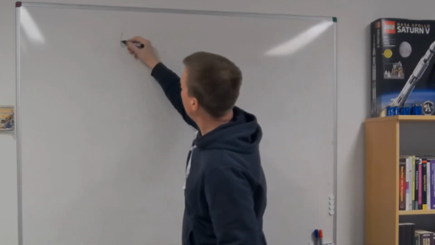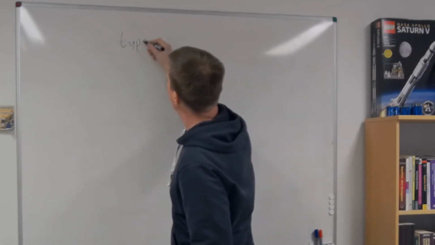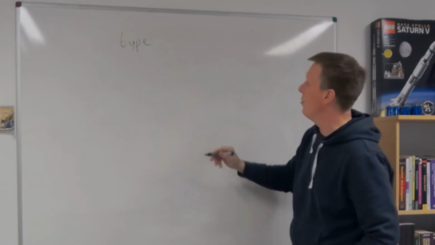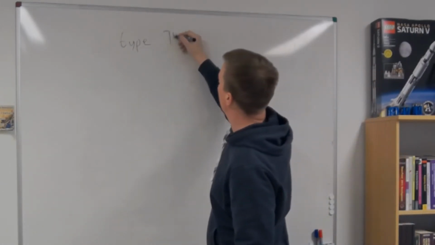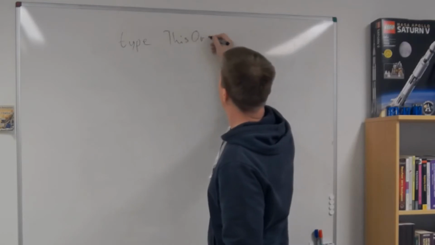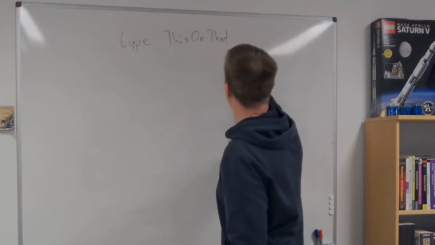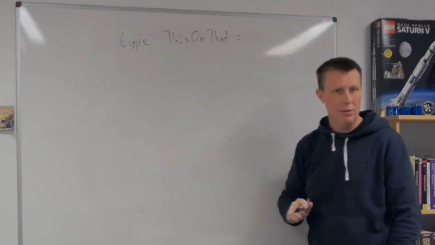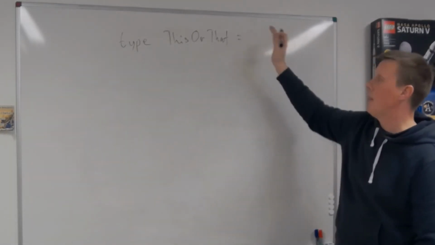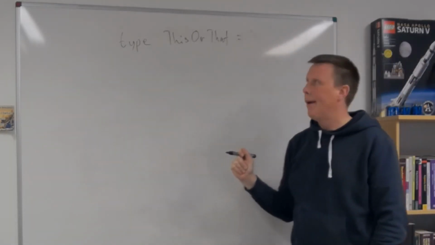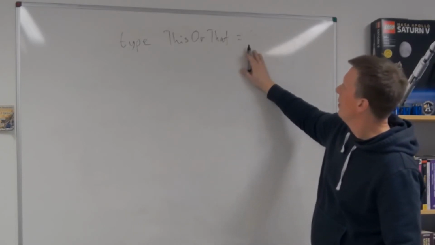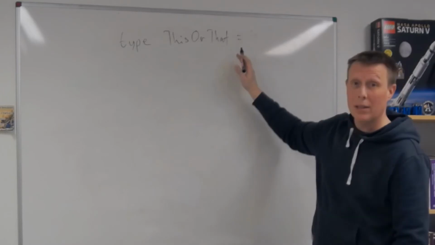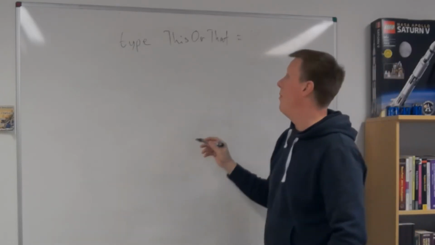So, type, as usual when defining a new type, we can create a type which is called this or that equals. So now we're giving it a name. We can make it have generic type parameters as well, or multiple.